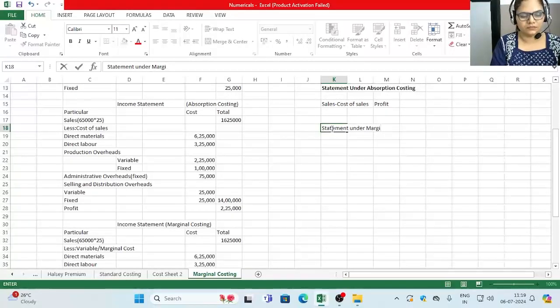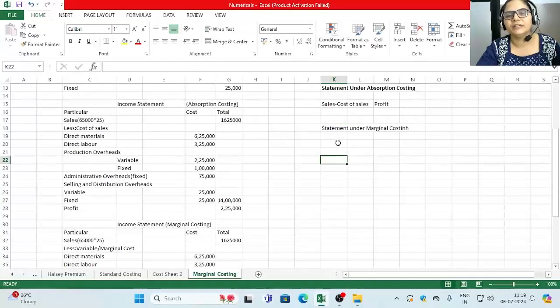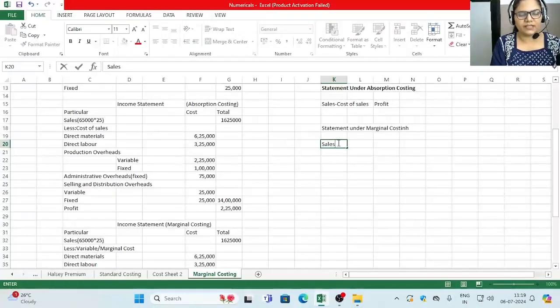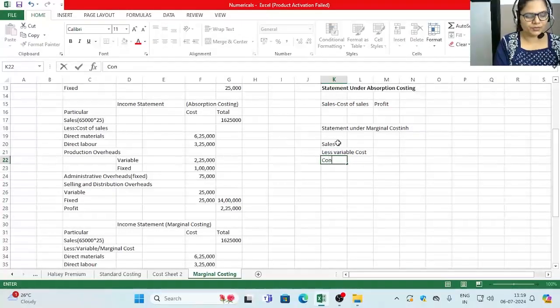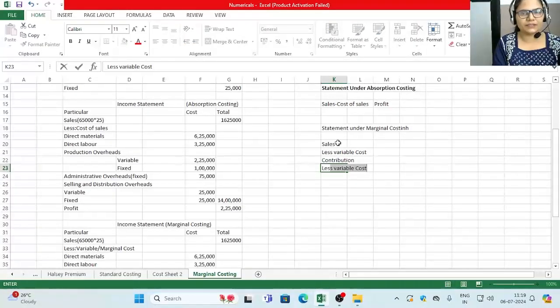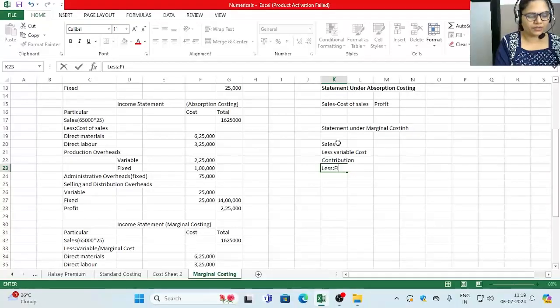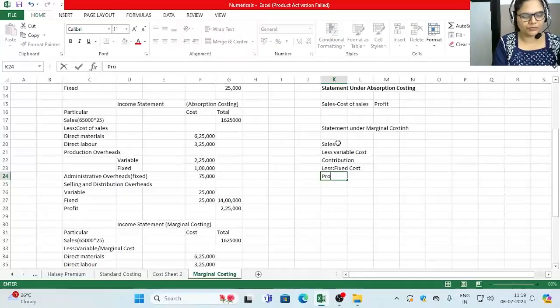Now the statement under marginal costing will be sales minus variable cost, which will give you contribution, and from this we will deduct fixed cost, and finally we will get profit.